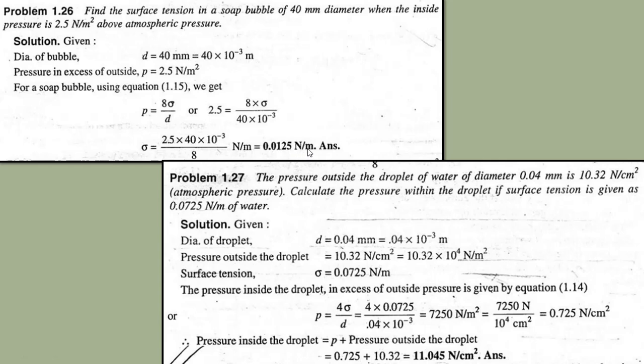Find the surface tension in Newton per meter. Here the diameter is 40 into 10 raised to minus 3 meter, and the pressure is 2.5 Newton per meter square.